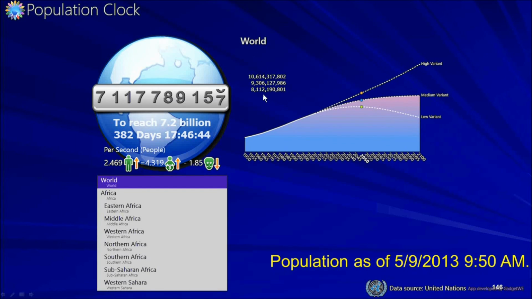They're projecting that we will have this value here, the medium variant, or we will have as many as this number of people, which is the high variant, so 10 billion, and this could be the low variant, which would be 8 billion people.